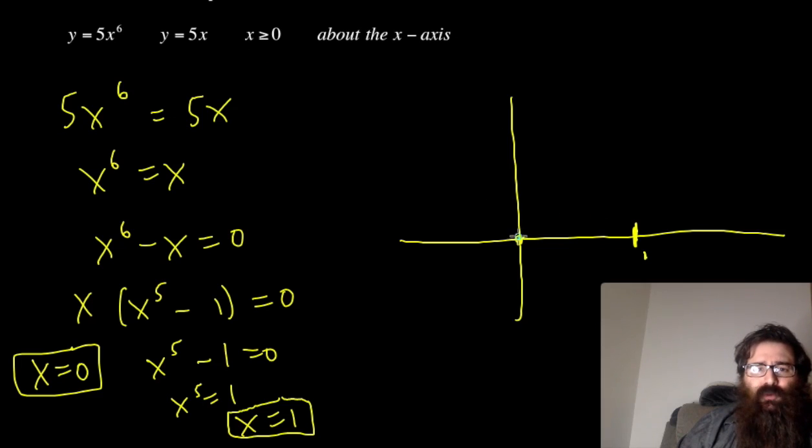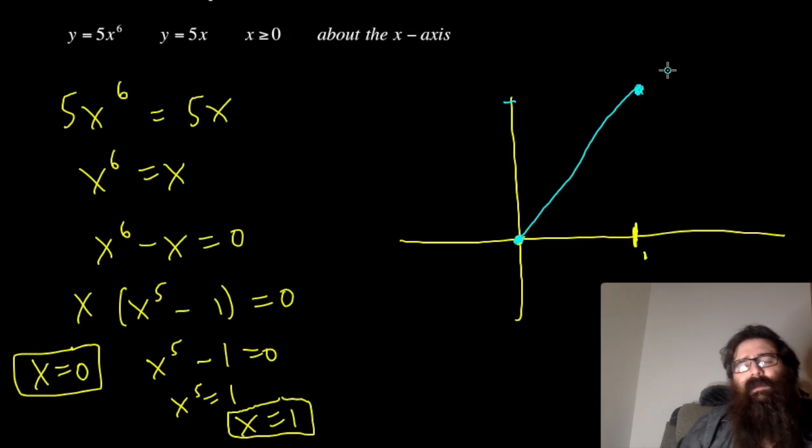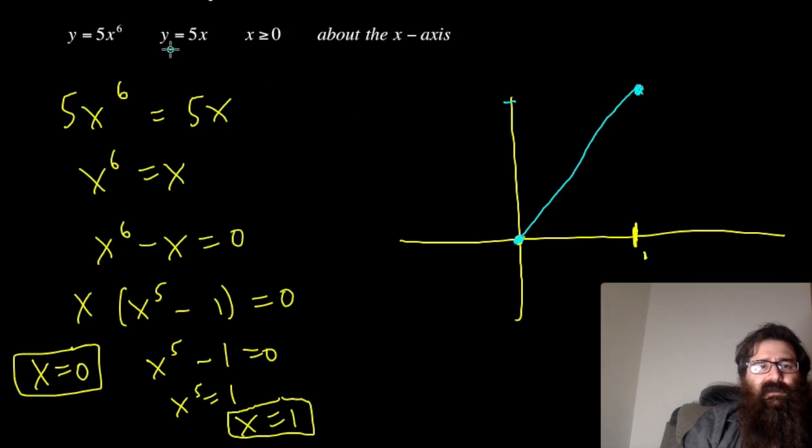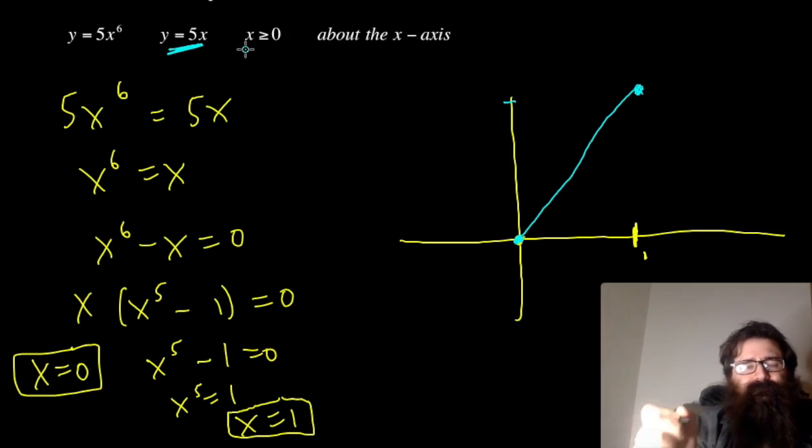When x is 0, it's going to give me 0. When x is 1, it's going to give me 5. My scale is not really drawn perfectly, but let's say y equals 5 is up here, and then I get this line connecting. So this is the function y equals 5x.